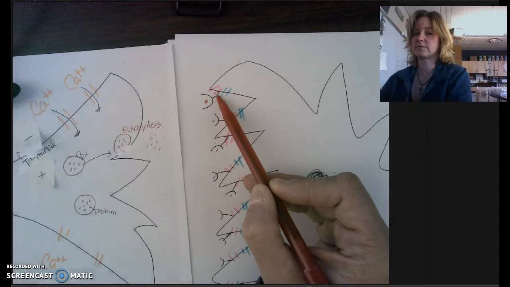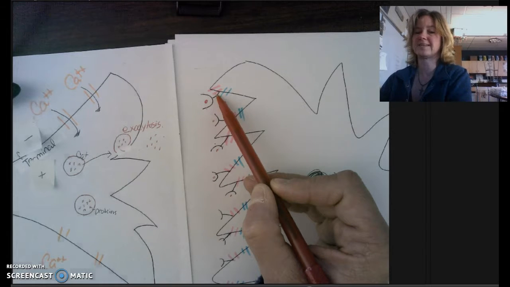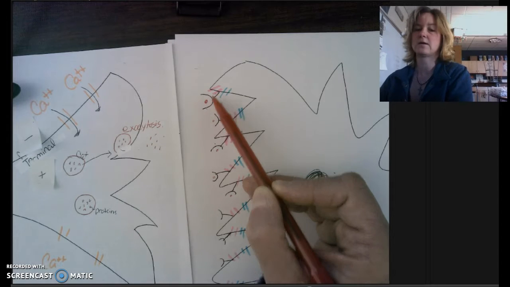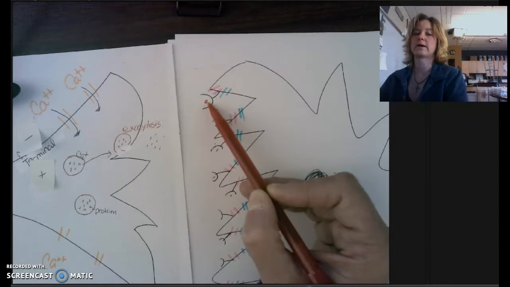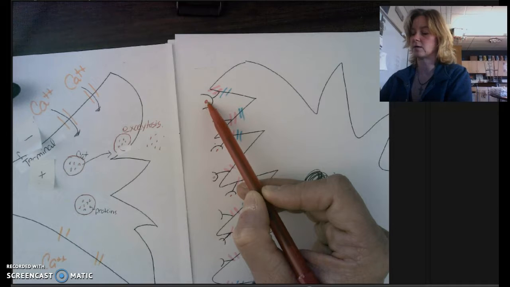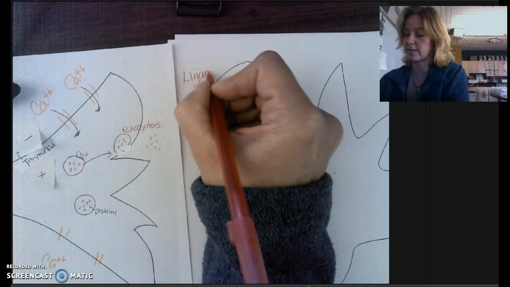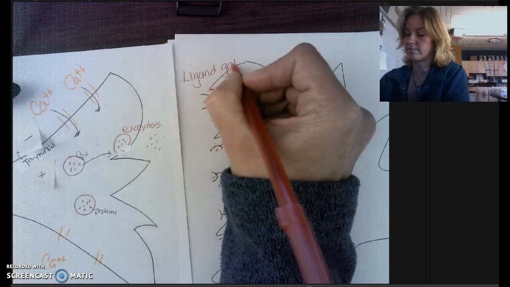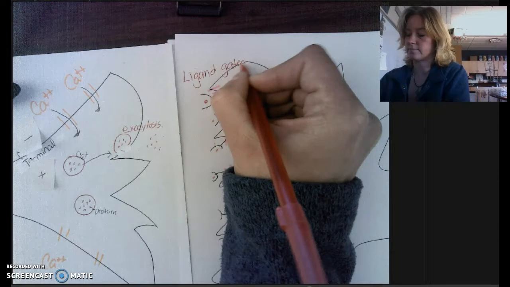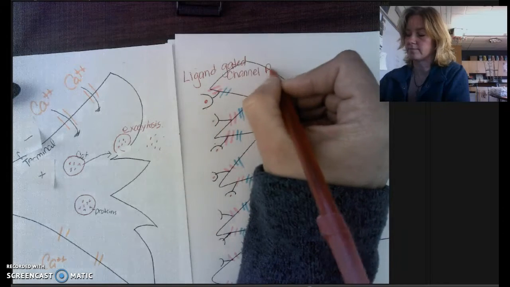Because this particular sodium channel is not being opened by electrical current, but by the binding of a neurotransmitter, we now call this a ligand-gated channel protein.